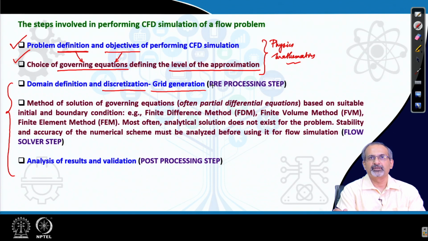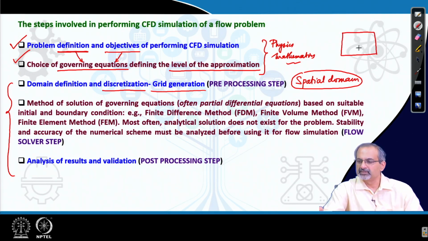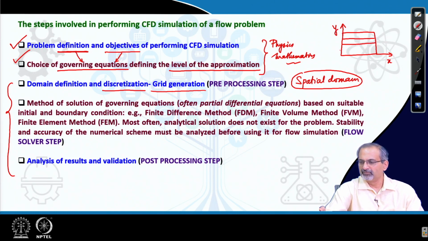Here, in terms of grid generation, we mean that the spatial domain is being broken down into bits and pieces. For example, if you have a regular, say Cartesian axis fitted square or rectangular domain, then you might decide that you will run few lines like this parallel to x and few lines like this parallel to y, and thereby you would discretize the domain into 16 small pieces.